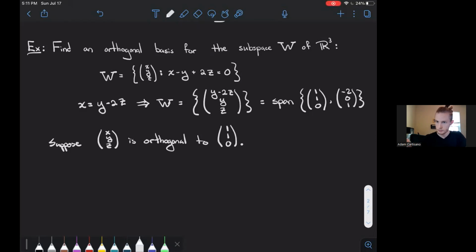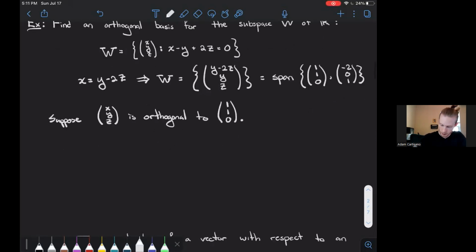Well, if that's true, then their dot product, x, y, z dot 1, 1, 0, is 0.